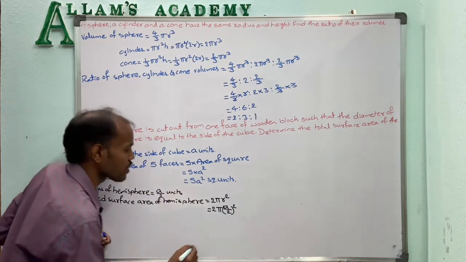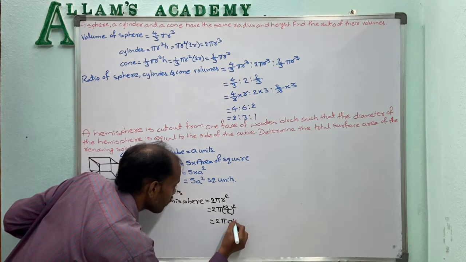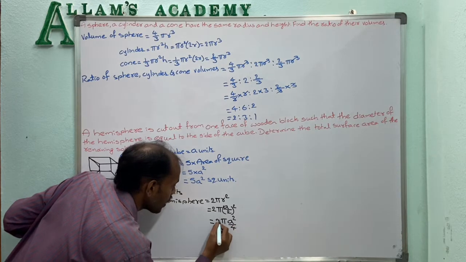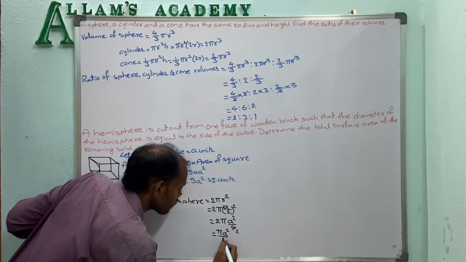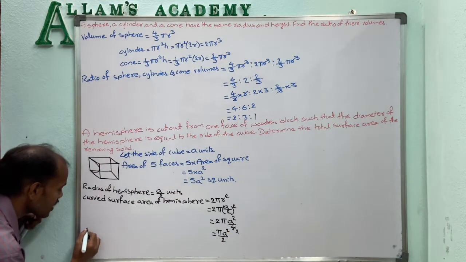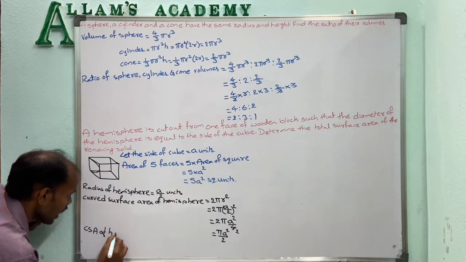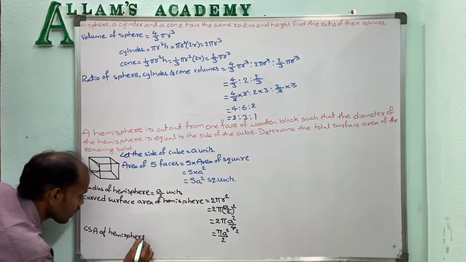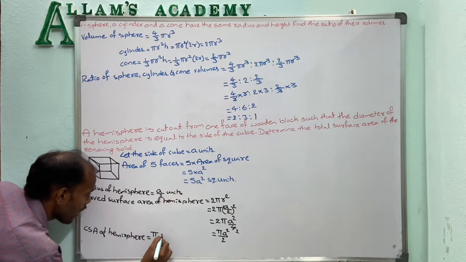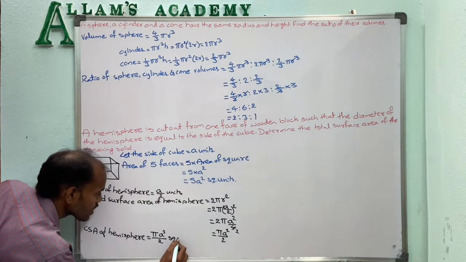A by 2 whole square is nothing but a square by 4. So 2 ones, 2 twos, that is nothing but pi a square by 2. So curved surface area of hemisphere equals pi a square by 2 square units.